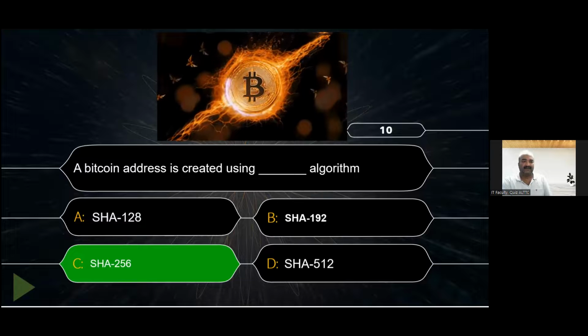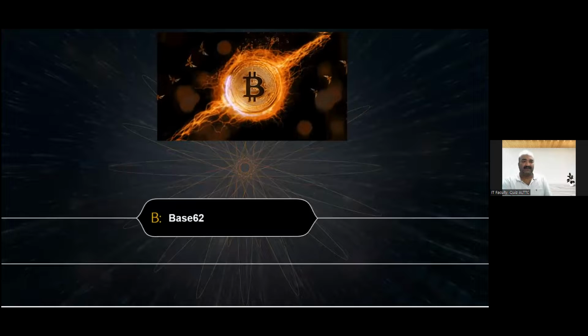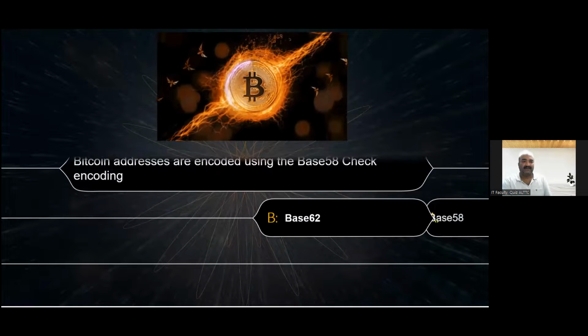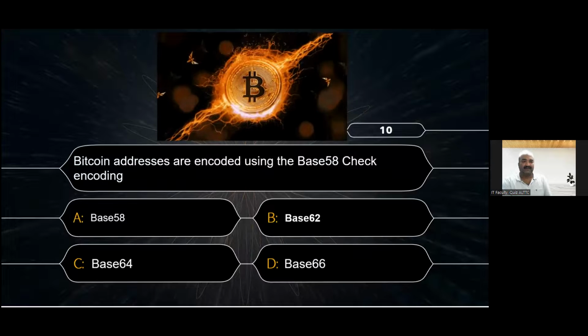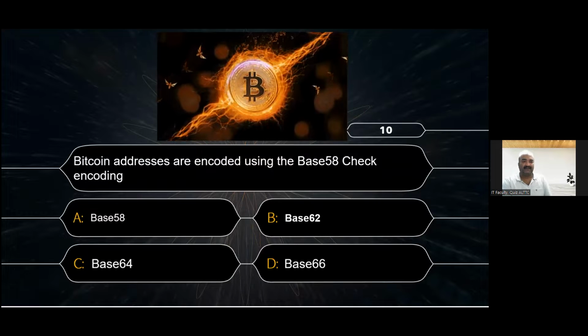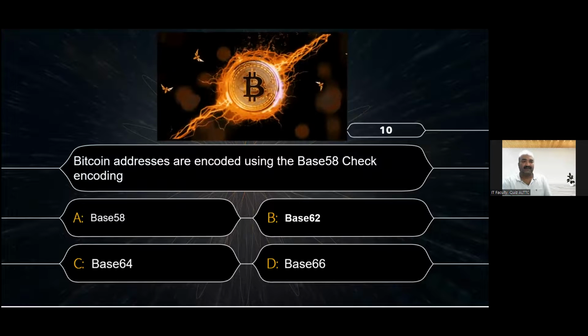Oh, this was really quite fun. So the next question is: Bitcoin addresses are encoded using the base 58 check encoding.